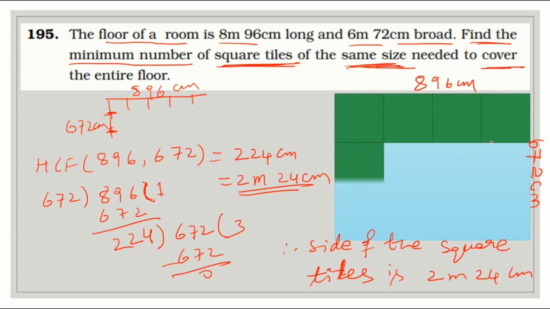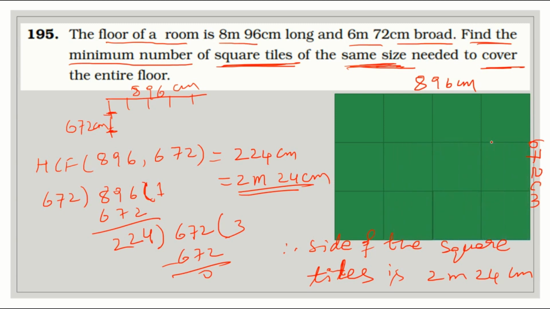With the same size, one more tile covers the breadth and one more tile covers the breadth. That means we need 4 tiles to cover along the length, 3 tiles to cover along the breadth. That means totally we need 12 tiles to cover the whole room.